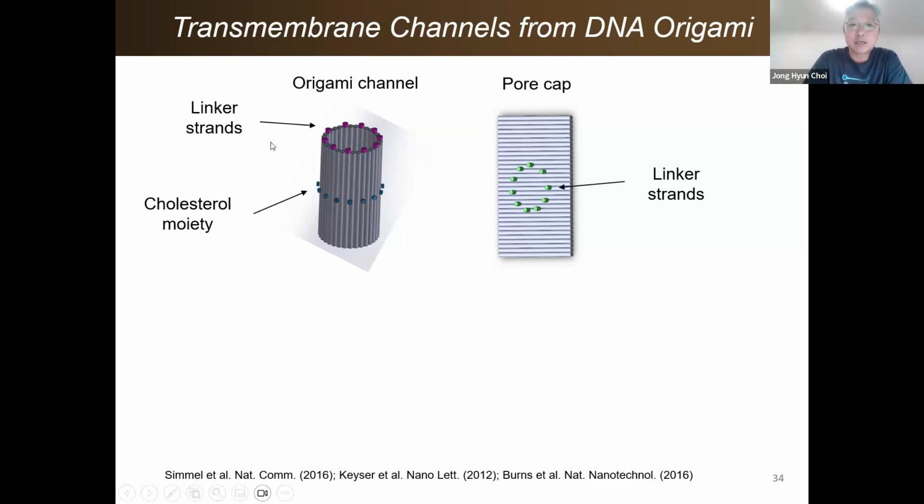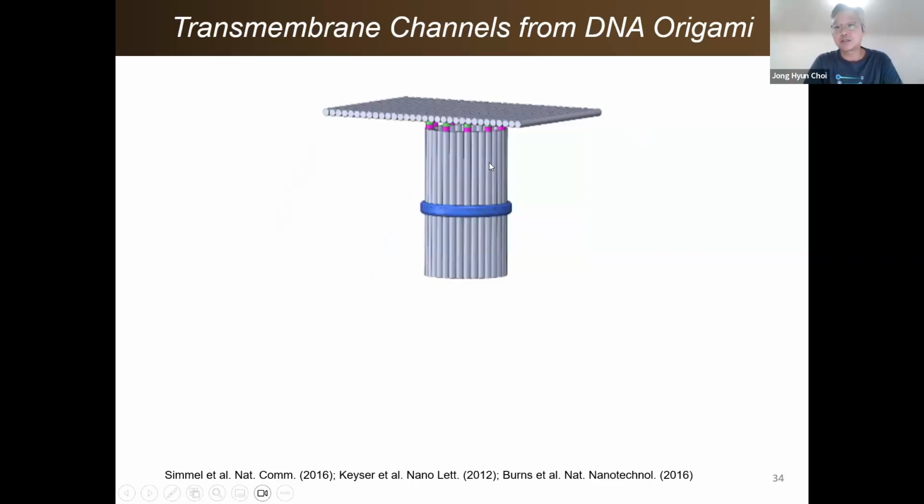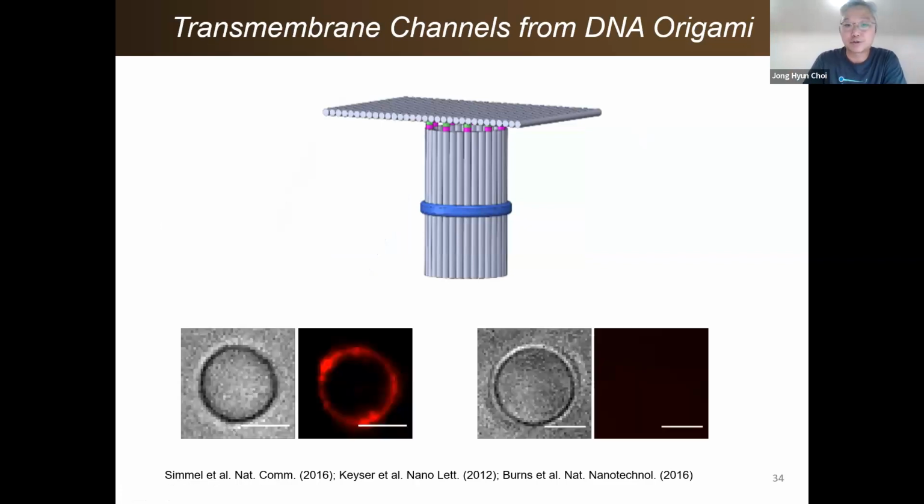At the same time, we have some linker strands on the tip of this origami channel, and we also wanted to design a cap so that we can control what's in and out. Again, here is a linker strand, so that these two sets will bind and we can form this kind of structure.